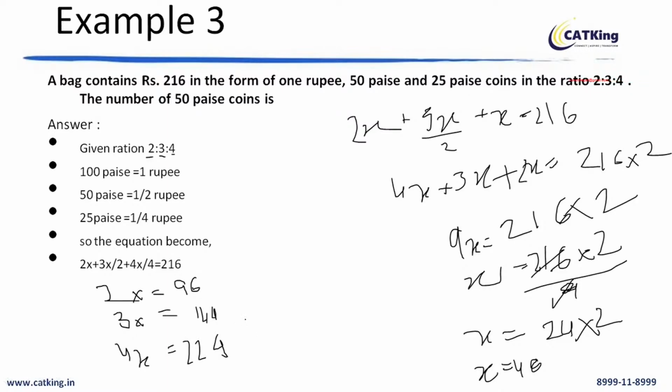Correct? Sorry, not 224. I'm sorry, my mistake. It is not 224. Just a second. It becomes 192. I'm sorry, my mistake.